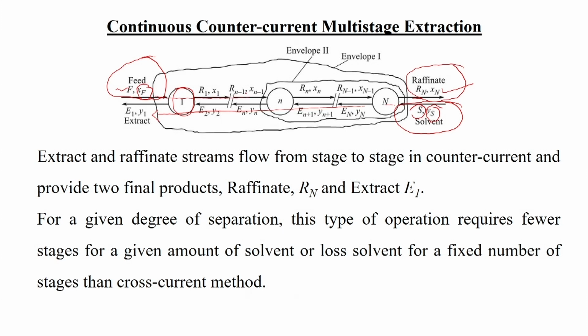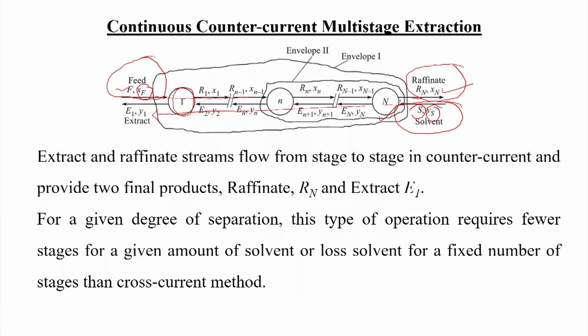Unlike the cross current extraction we tried earlier, where the solvent is added to each stage individually, here the solvent is not added in all the stages. Solvent is added in the last stage, the nth stage, and this solvent is carried forward.